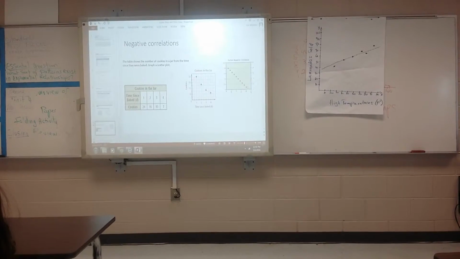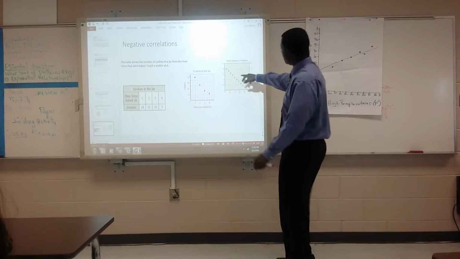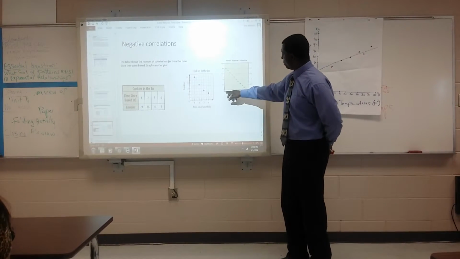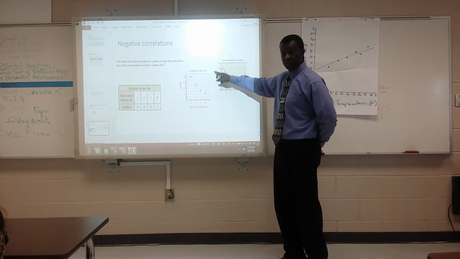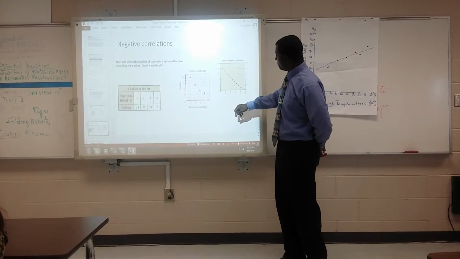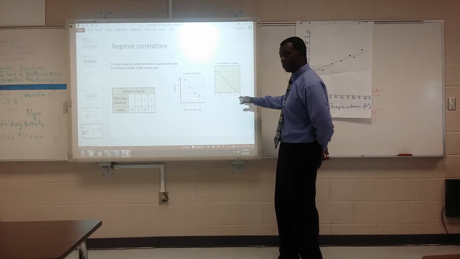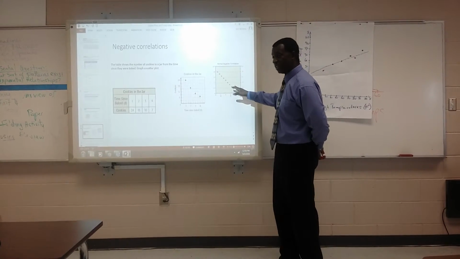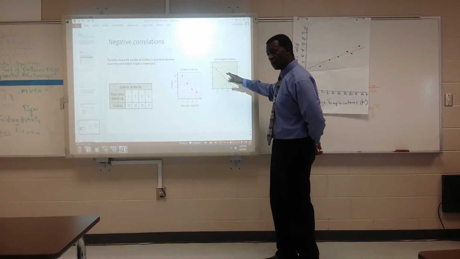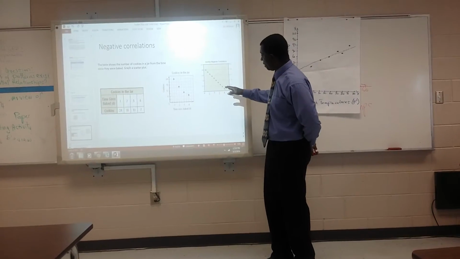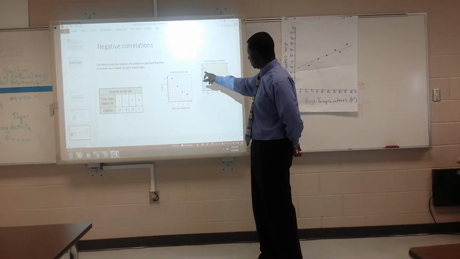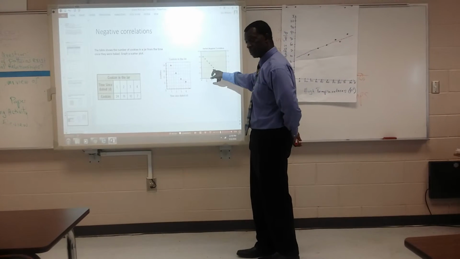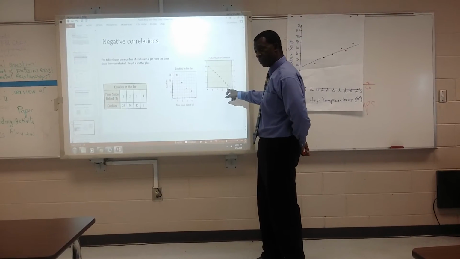So in this example here, this will be your independent variable, and this will be your dependent variable, even though they've not been labeled. We say that there's a perfect correlation going on, but in the inverse direction. Here we see that as the independent variable is increasing, the dependent variable is decreasing. This is an inverse relationship.